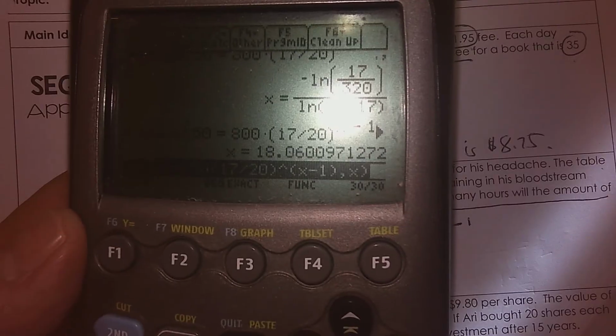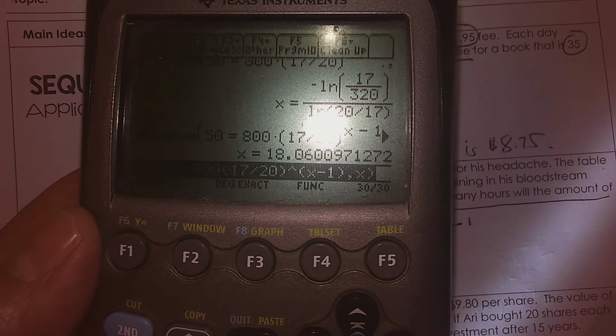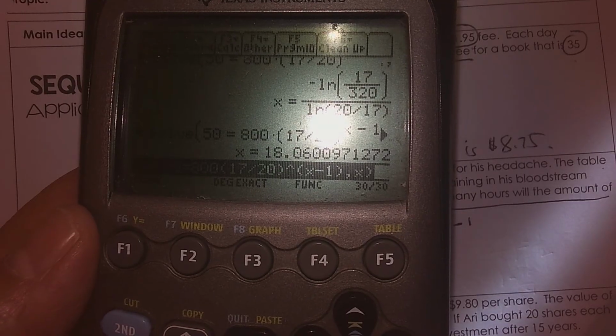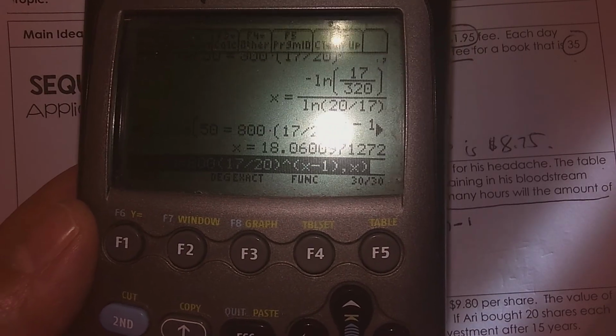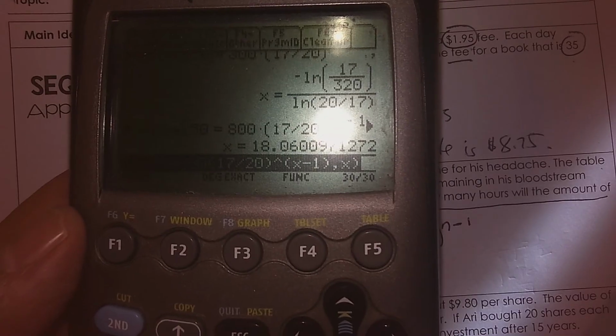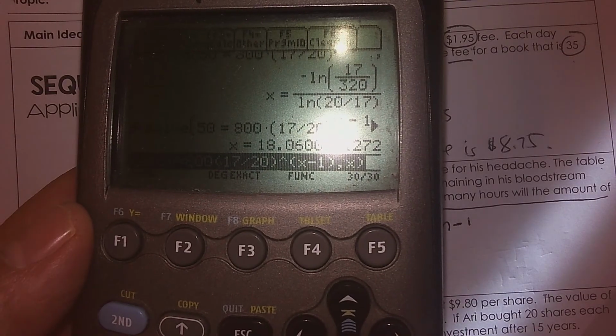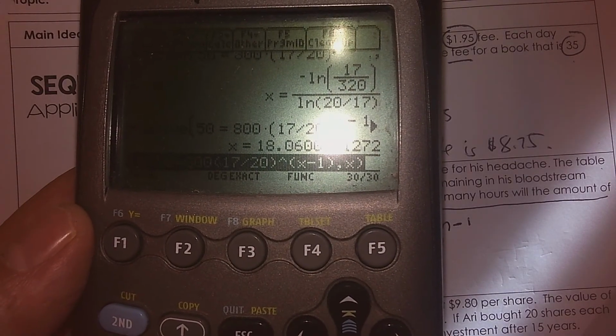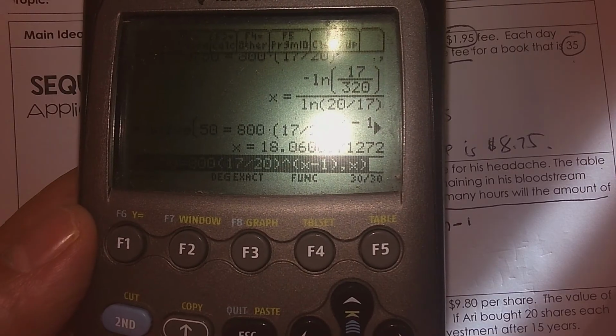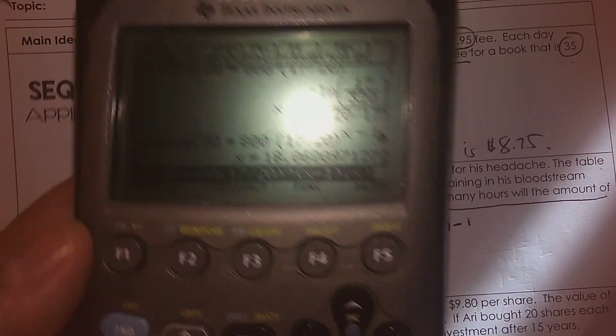And then what's the approximate answer? Isn't that cute? Give us logarithms. Isn't that fun? But if we go diamond enter, the approximate answer would be after how many hours? 18? Or we can be exact.